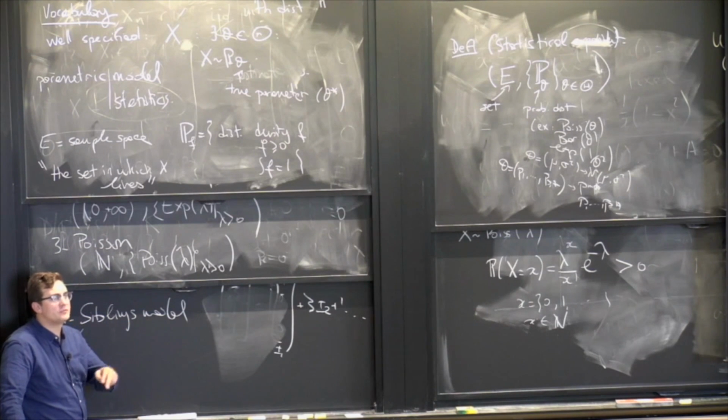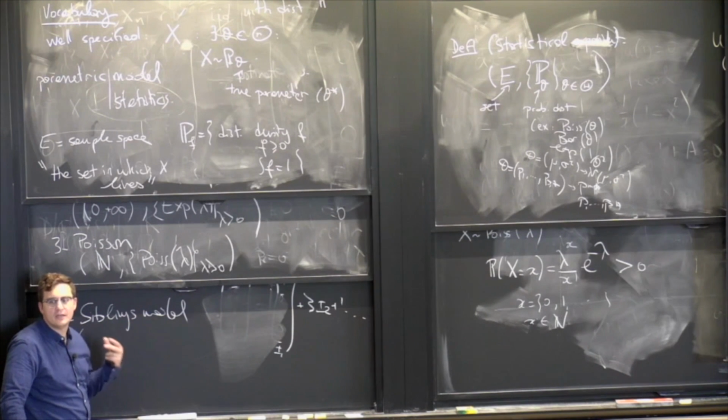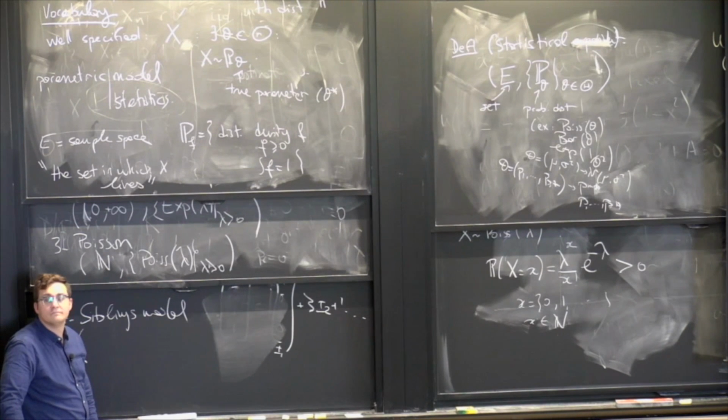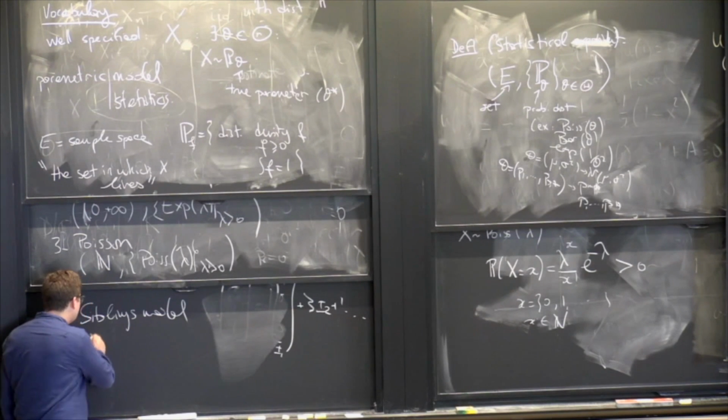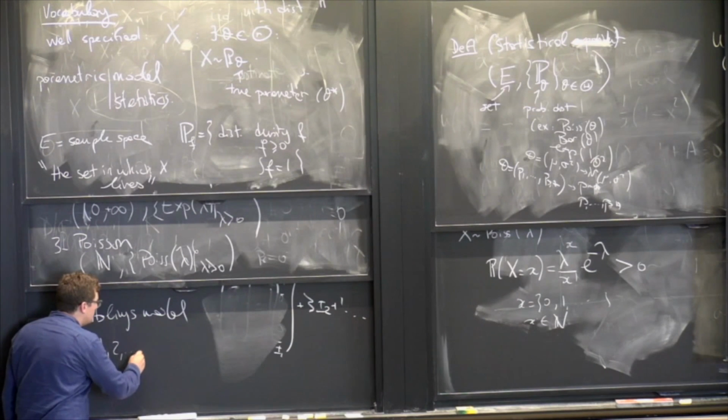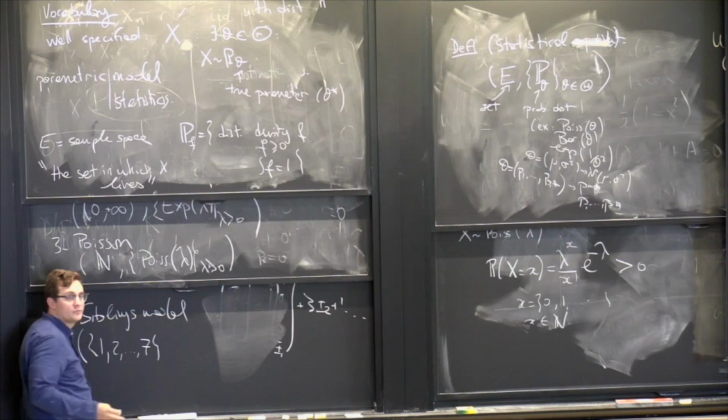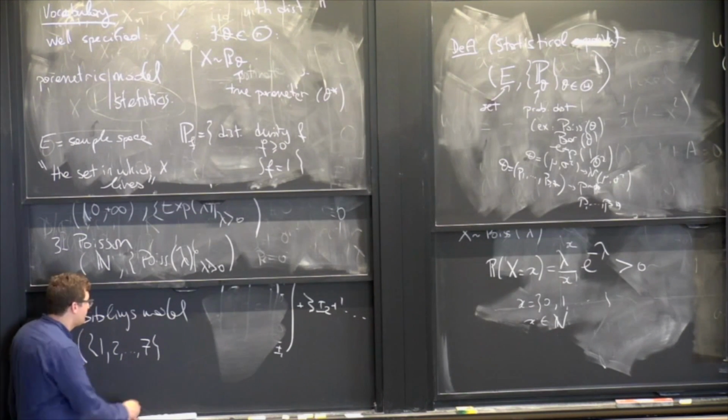Forget about larger than or equal to 7; we just assumed it was 7. What was our sample space? We said it's 1, 2, to 7, right? Those were the possible values that this thing would take.